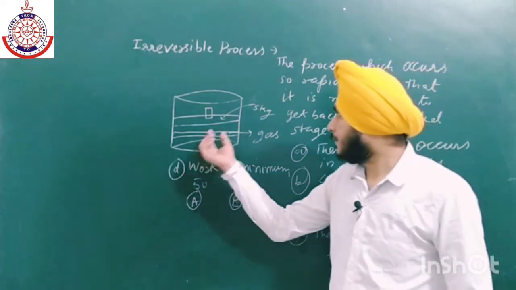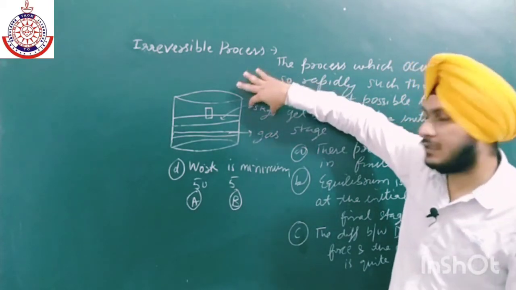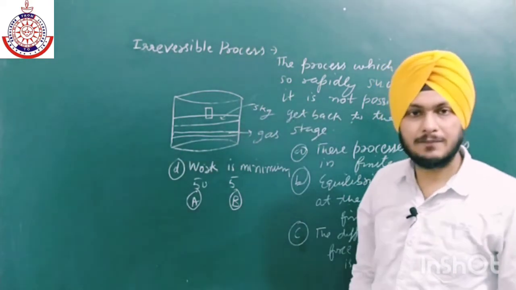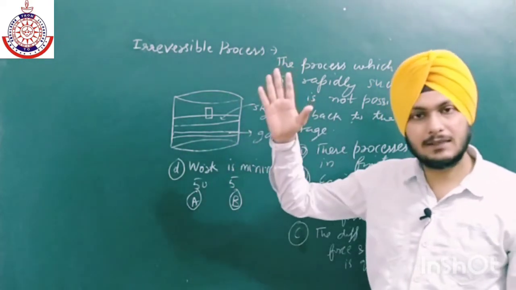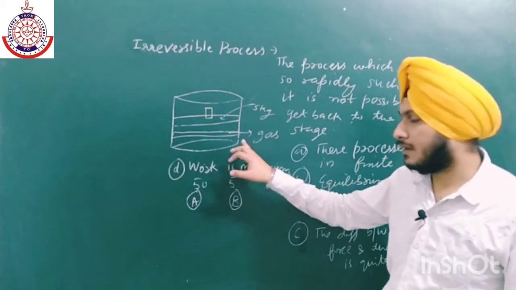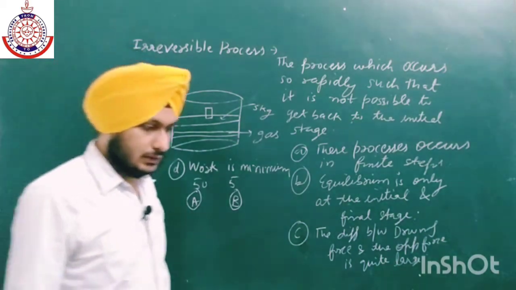Similarly, if I remove this weight, then the piston starts expanding. It will expand in a single step, and again in this case the P internal becomes the driving force and P external is the opposing force.